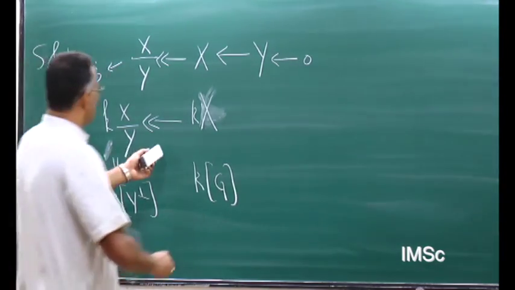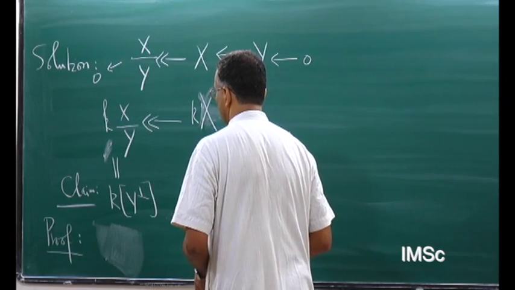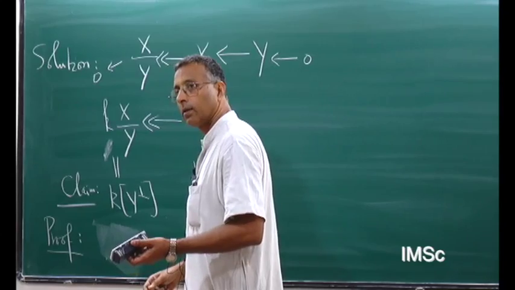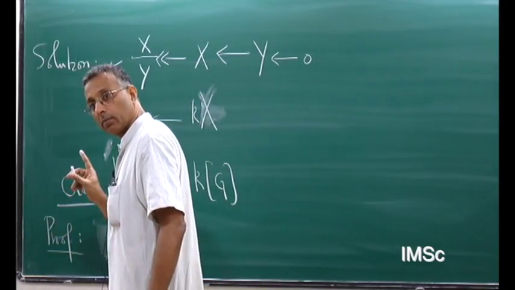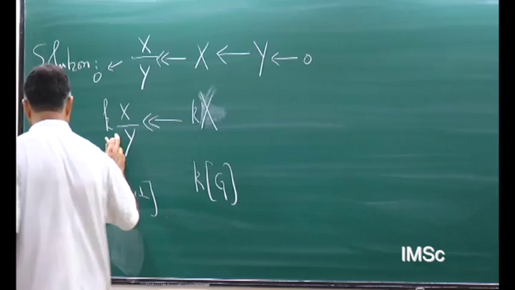So here the claim is the kernel of this. Well, actually I don't need it. All I need to say is the following. The point of the observation, the main idea, is what does this mean? This means that this is reduced.